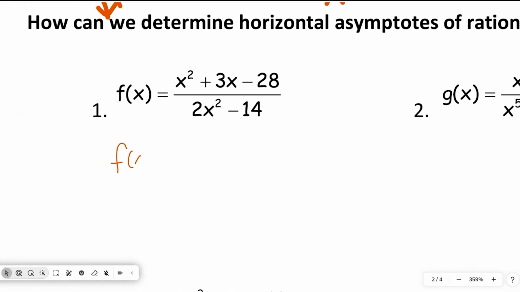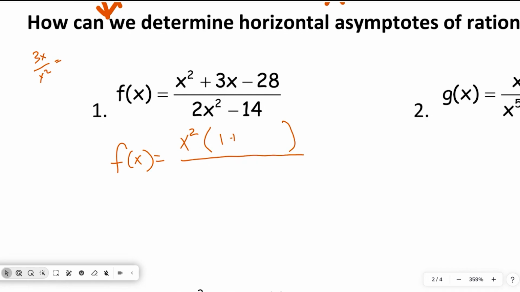So f of x. If I factor out an x squared out of that top, what goes in the parentheses here? What's x squared divided by x squared? 1. Okay, good. And then 3x divided by x squared. Do a little quick math on the side here. What would that reduce to? Yeah, 3 over x.